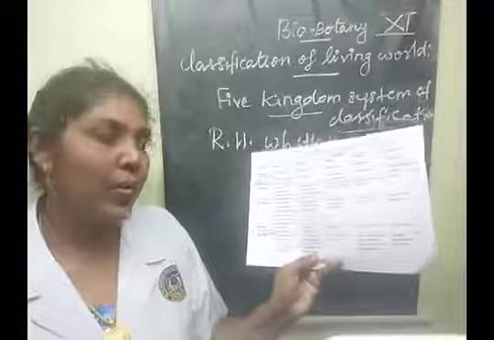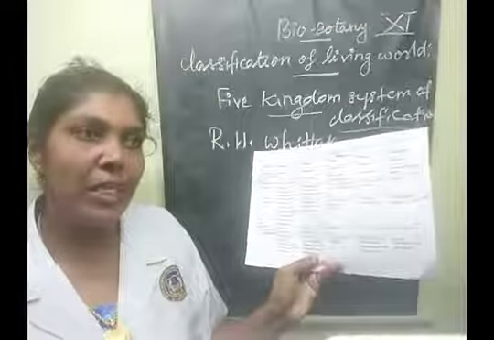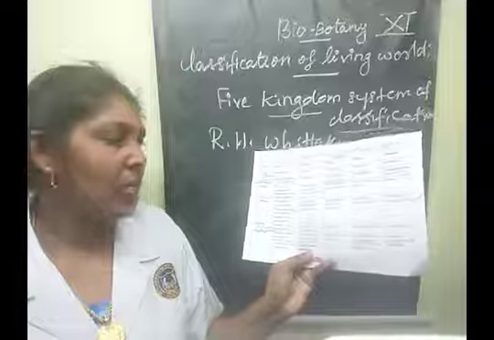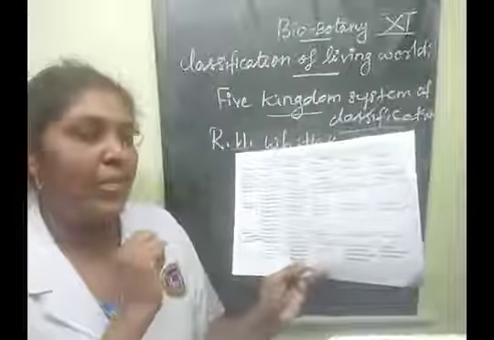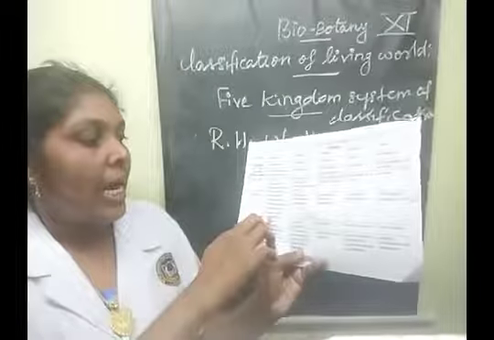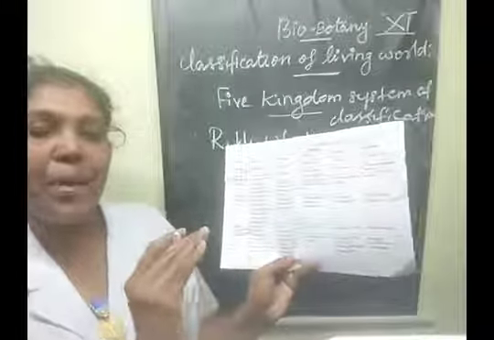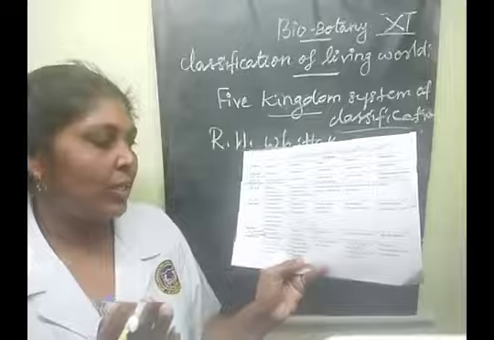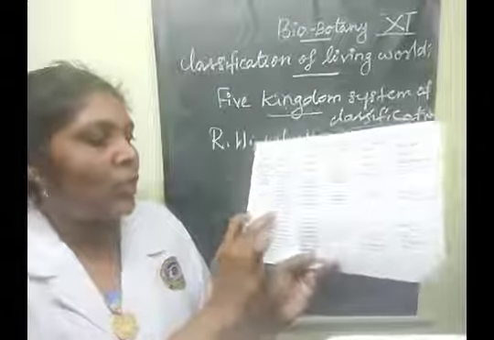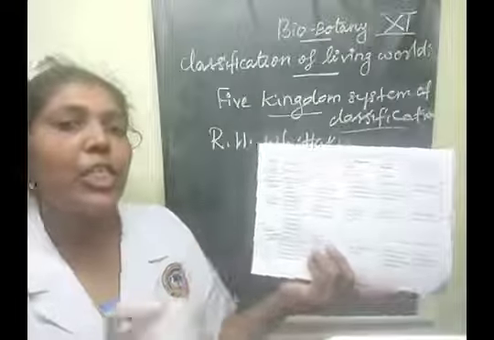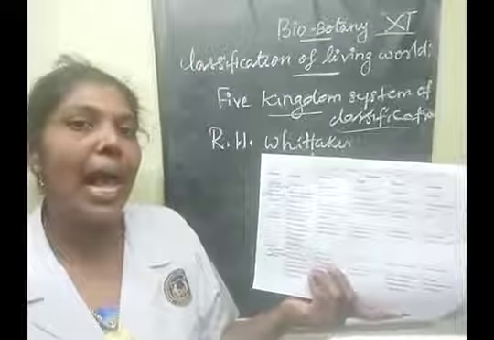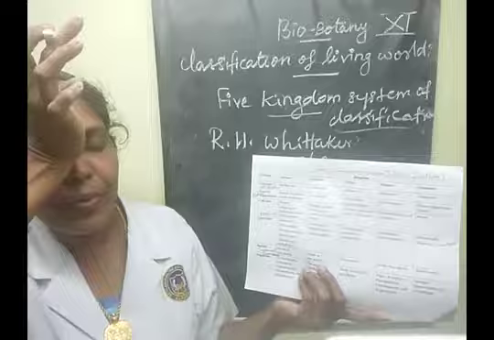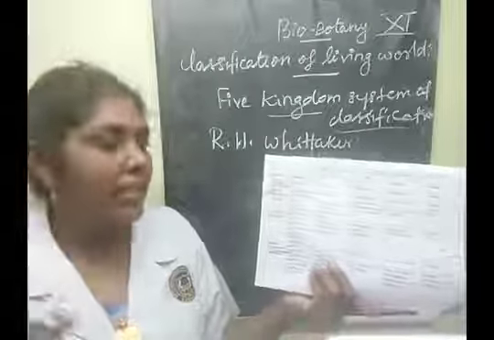Clear? Photoautotrophic means in the presence of sunlight they prepare food. Chemoautotrophic means chemical energy is used to prepare food. Clear, children? Heterotrophic means depending on other organisms. Heterotrophs also have two types of mode of nutrition: parasitic mode and saprophytic mode.